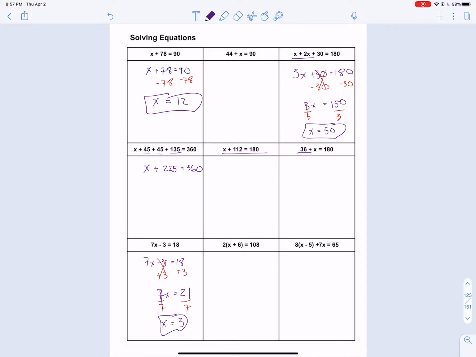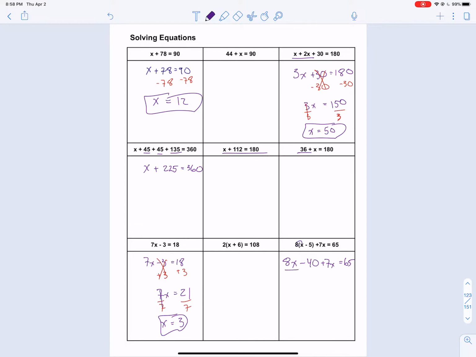All right, so the last two, we have parentheses, which means we need to use the distributive property and possibly combine like terms. So I'm going to do the last one. So we have 8 times x, which is 8x, and then 8 times negative 5, which is negative 40, then plus 7x equals 65.